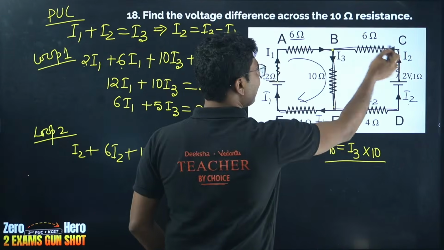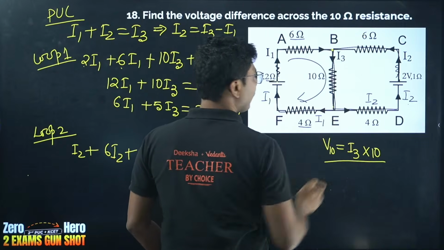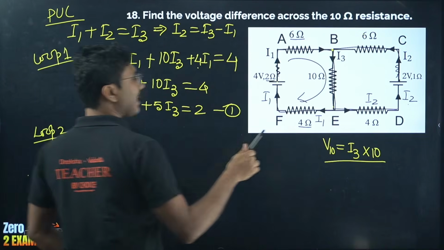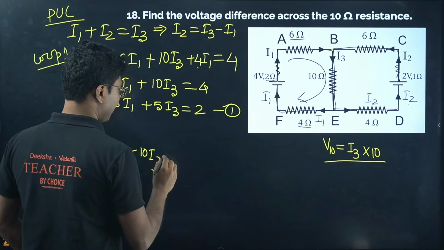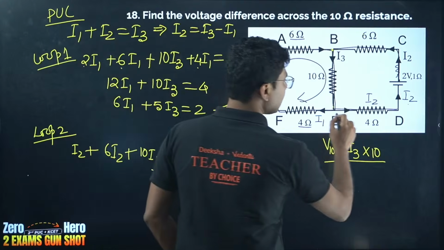Again we are going in the same direction, so everything will be added. If somewhere you face a current in the opposite direction, there could be a negative sign. Plus here it is 4 into I2.